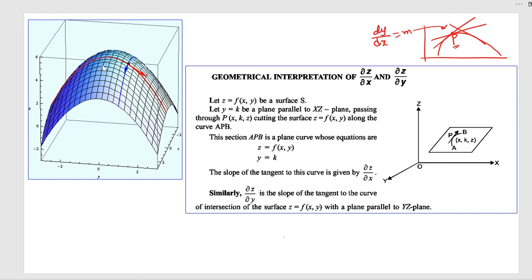If you change the point, then the slope will change. So either it can be positive, negative, or zero. That we have seen for the function.